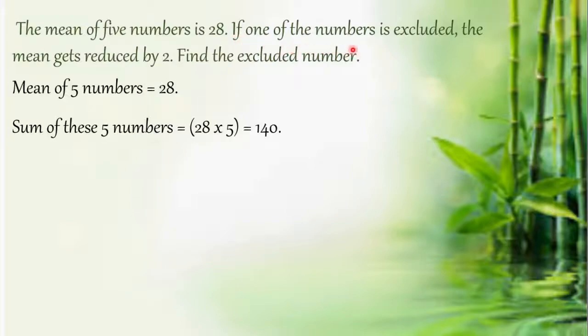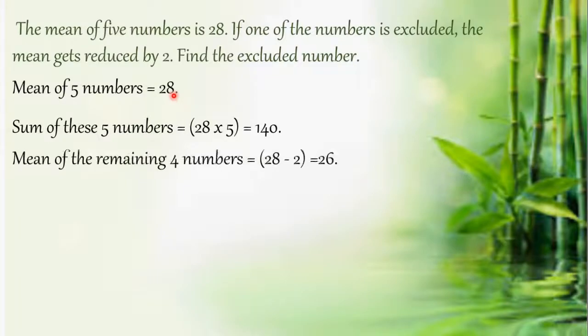If one of the numbers is excluded, the mean gets reduced by 2. Now, the mean is 28. So, when we exclude one number, the mean will be reduced by 2.